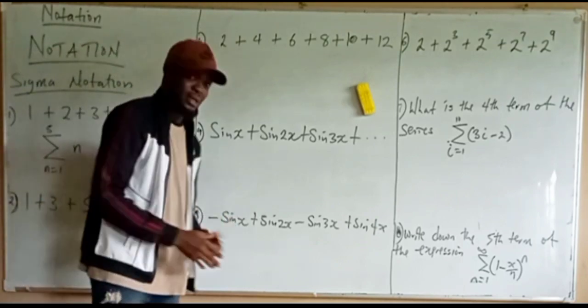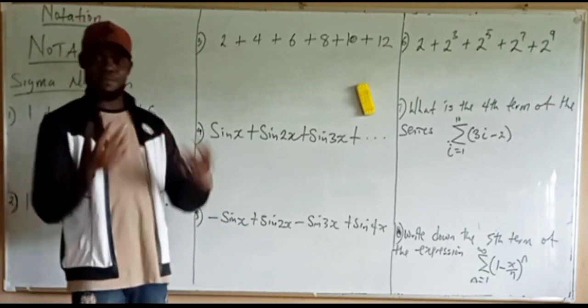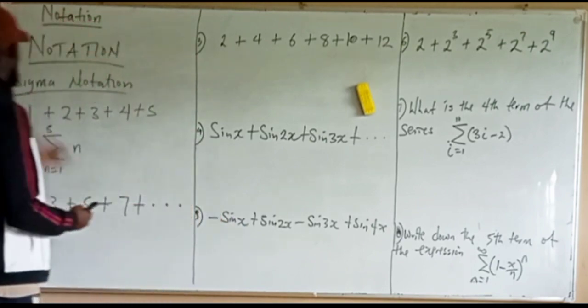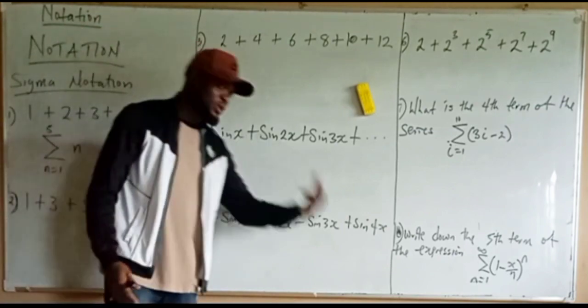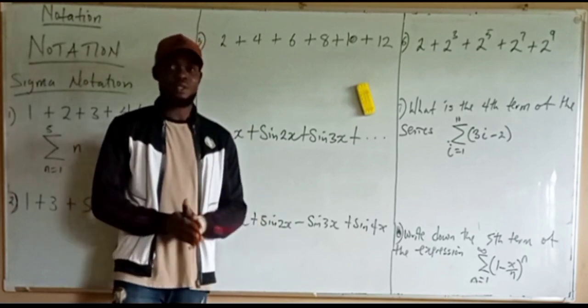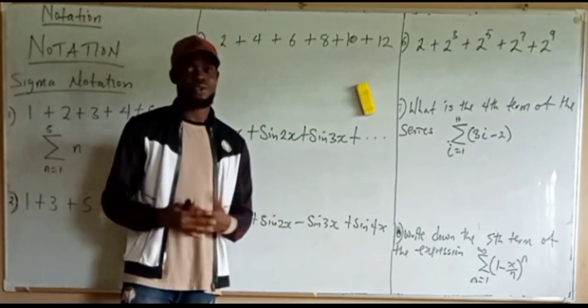And now, we said sigma notation is a type of notation used when adding numbers or data together. We use it to shorten the expression. For example, let's say we have this question 1. The question is: express the following expression in notation form, or express the following using the appropriate notation, or using sigma notation.